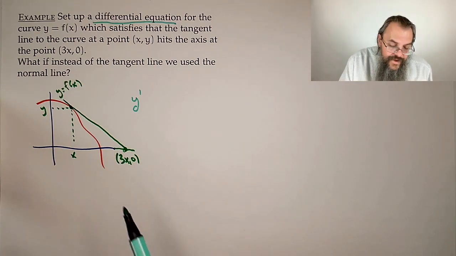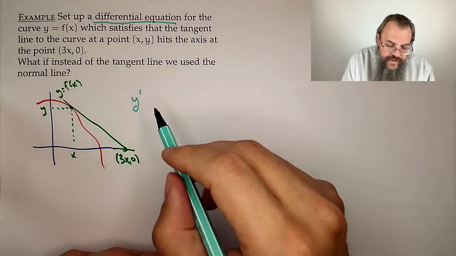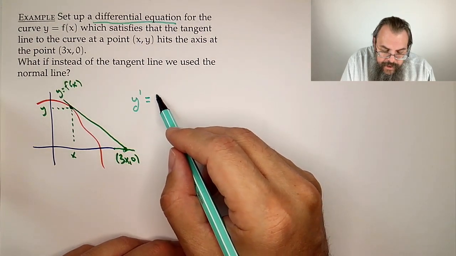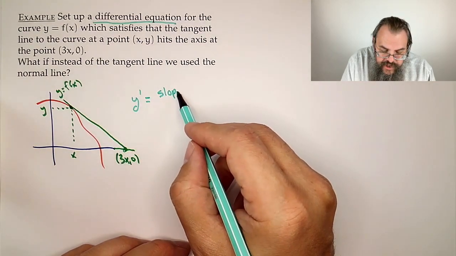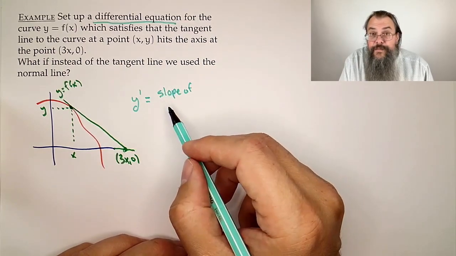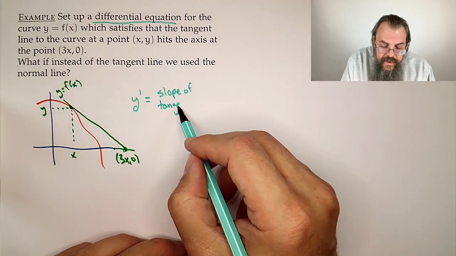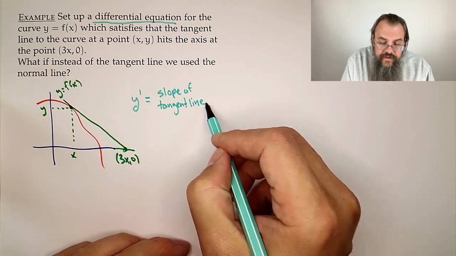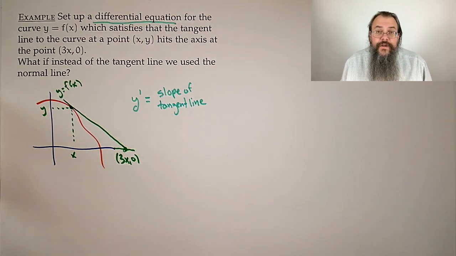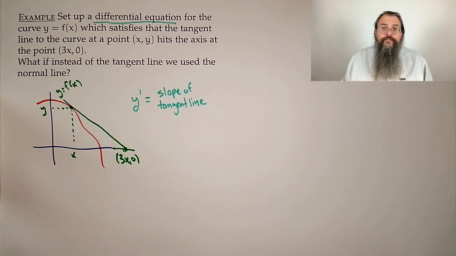Good. So that's probably a good interpretation. So y prime is the slope of our tangent line. Now that doesn't mean that we have our differential equation, but we have something that makes sense. It's connecting to what we're doing, because that's what we want to do. We want to connect to our problem.